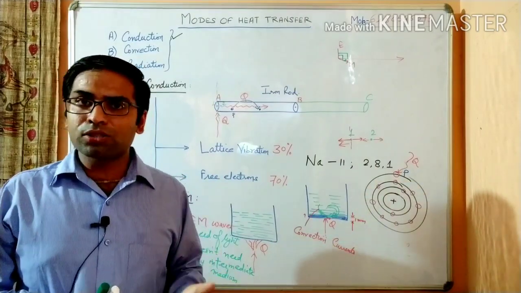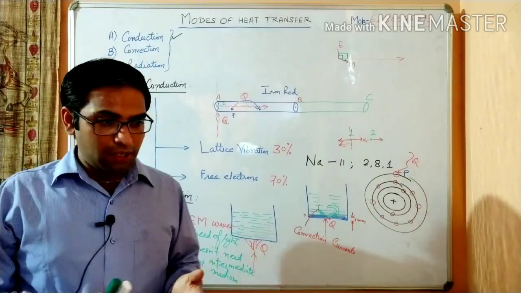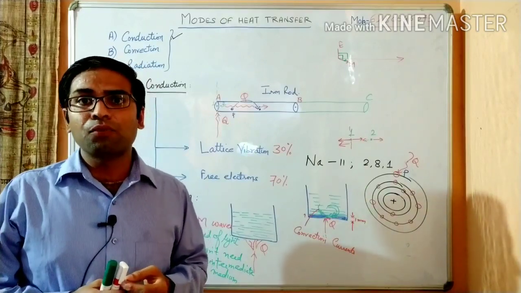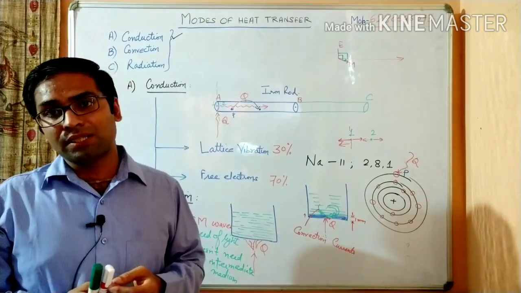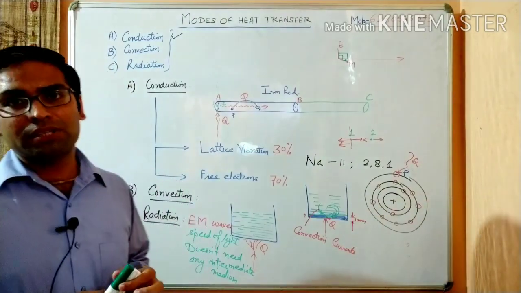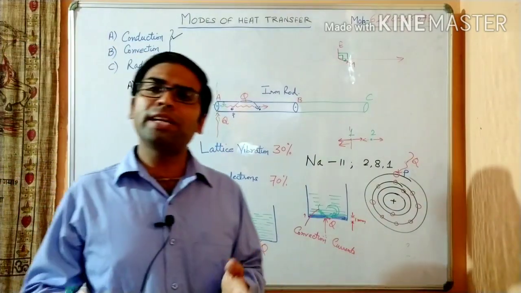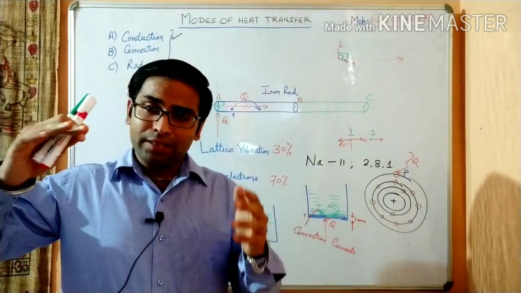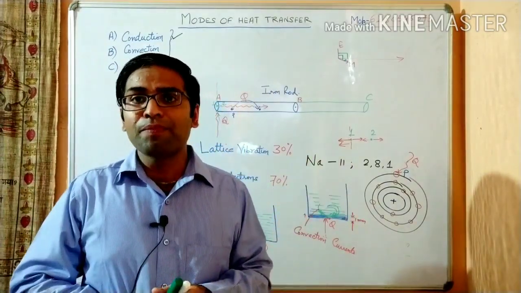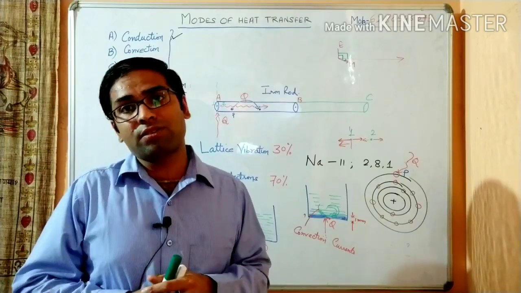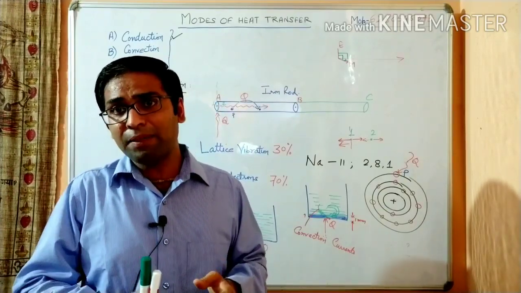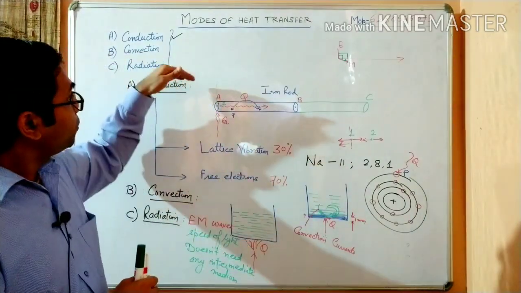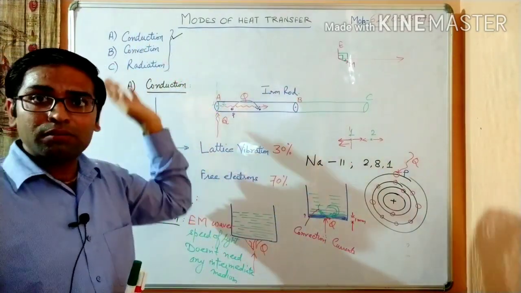Similarly, on earth, in forging plants and steel making plants, we have furnaces which operate at elevated temperatures, suppose 1000 Kelvin, 1500 Kelvin, or 2000 Kelvin. At this very high temperature range, heat transfer through radiation dominates the heat transfer through the other modes, conduction or convection.